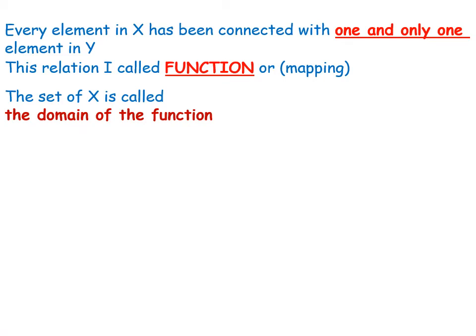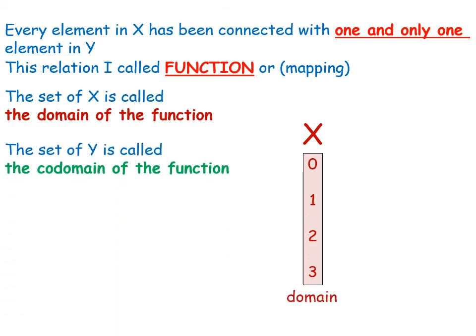And now, the set X, the first set, is called the domain of the function. The set Y, which is the second set, is called the codomain of the function.